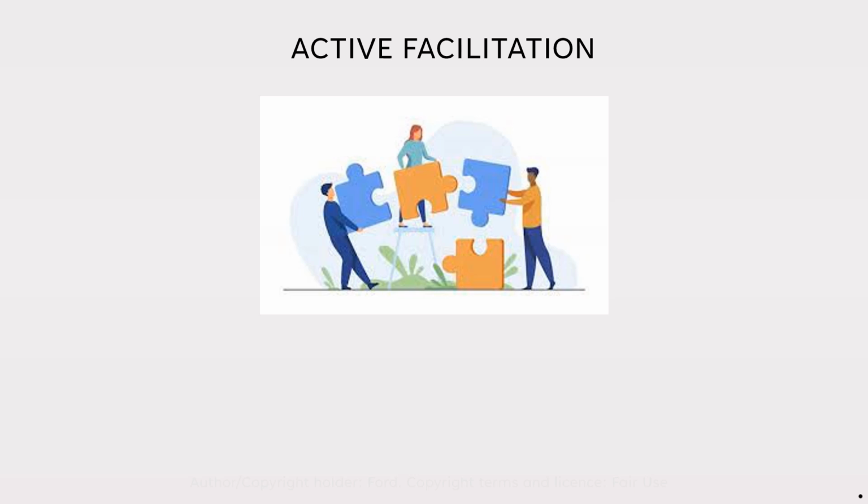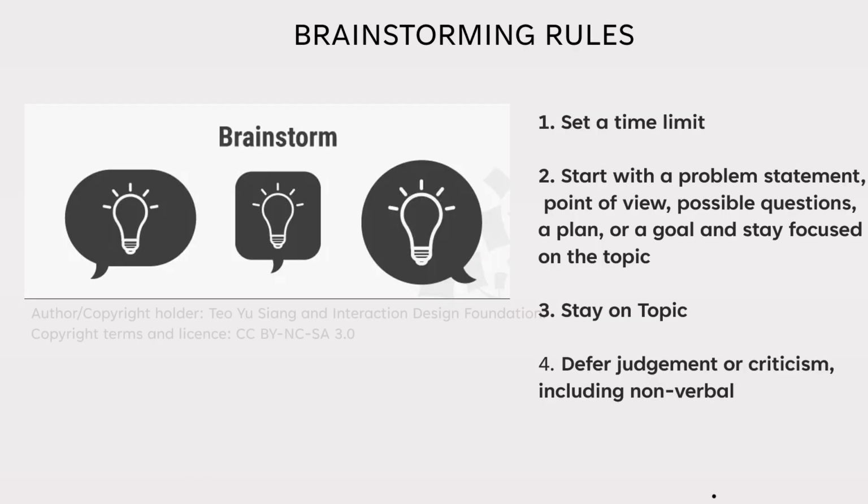To start understanding what it takes to facilitate a successful ideation session, we'll take a closer look at the best brainstorming rules. At its most basic level, a brainstorm session involves sprouting related points from a central idea.